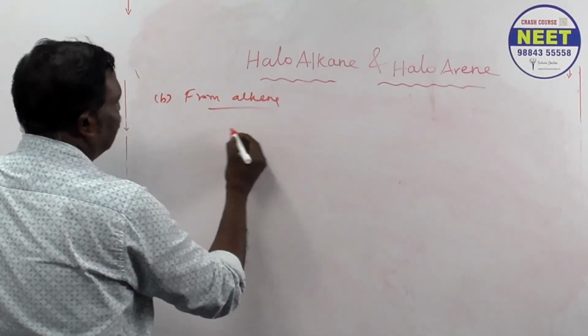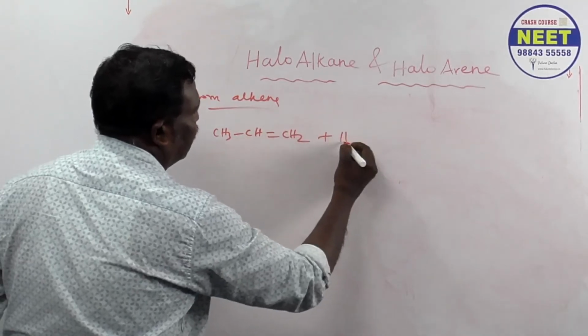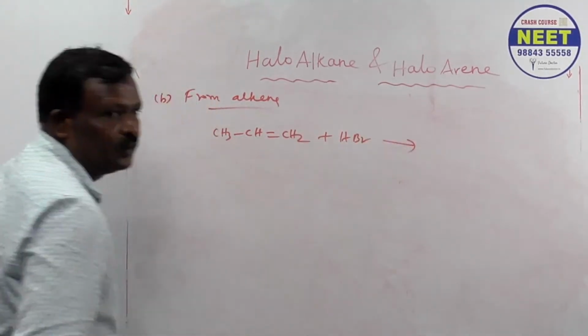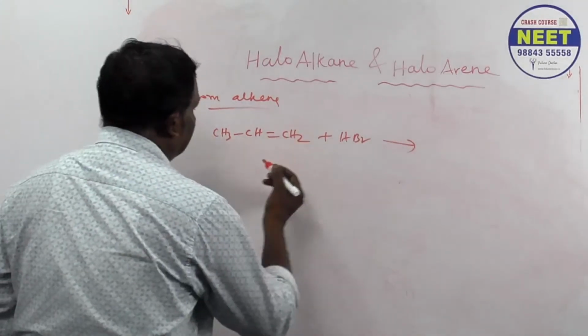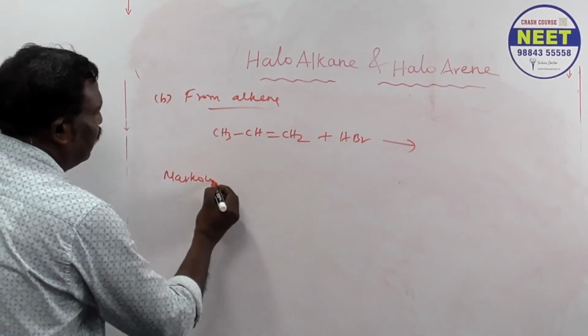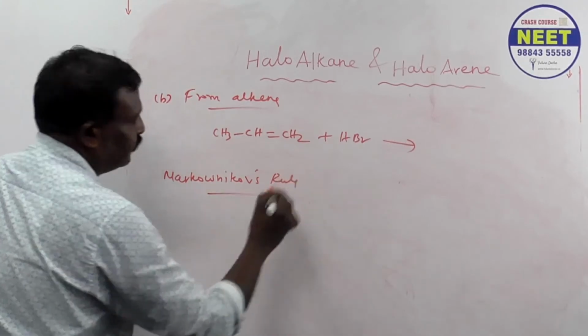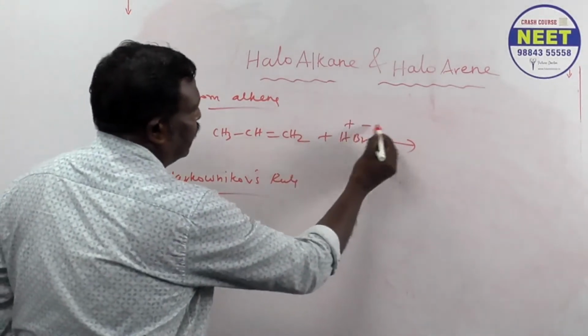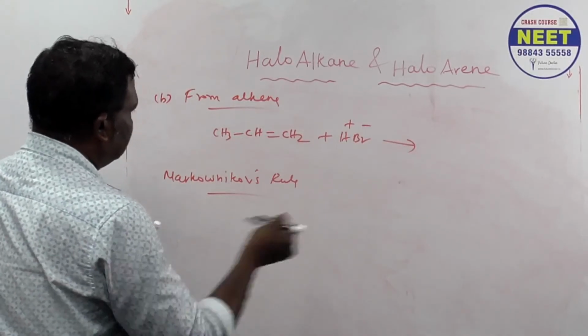Alkene means, listen, you studied the Markovnikov rule and anti-Markovnikov rule, no? Studied or not? What is the Markovnikov rule? Here, plus minus, no? Wherever the double bond is present, we have to split.